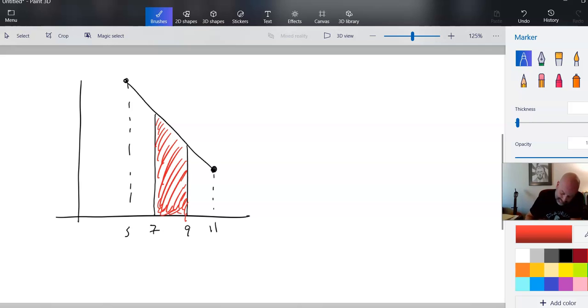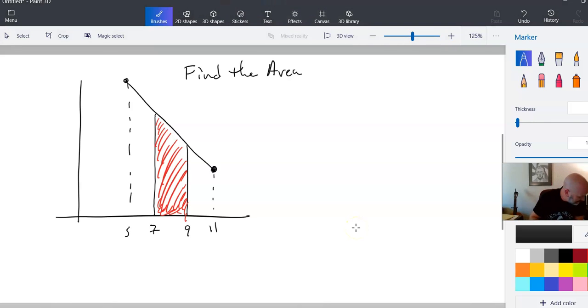Okay, so let's see what you can do. Find the area shaded red, of course. So see what you can do here. Go ahead and pause it here and see if you can get a handle on this.